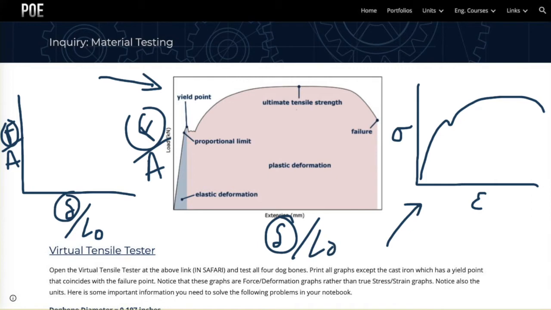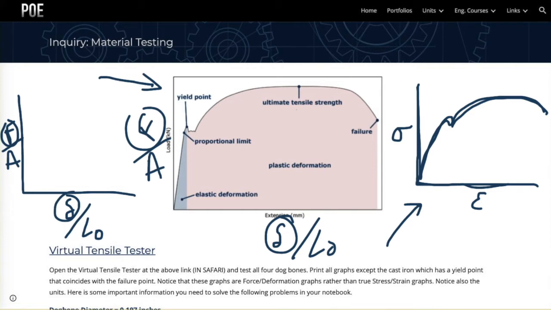So really a stress-strain graph is proportional for what kind of size dog bone you have. That's why it doesn't matter what size dog bone you have. Everybody's stress-strain curves for copper or steel or whatever would be exactly the same because you're doing it as a proportion of the length and the area of the dog bone. Hopefully that makes sense.